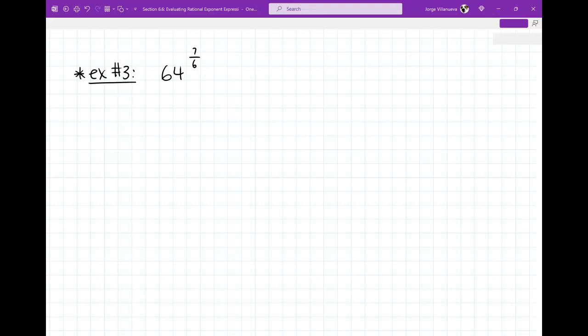If I rewrite it, this would be the 6th root of 64, which I think is 2, all to the 7th. So the 6th root of 64, that would be 2 times 2 times 2, 2 times 2 times 2, because 8 times 8 is 64. So that's 2 to the 7th power. 2 to the 7th is 128.